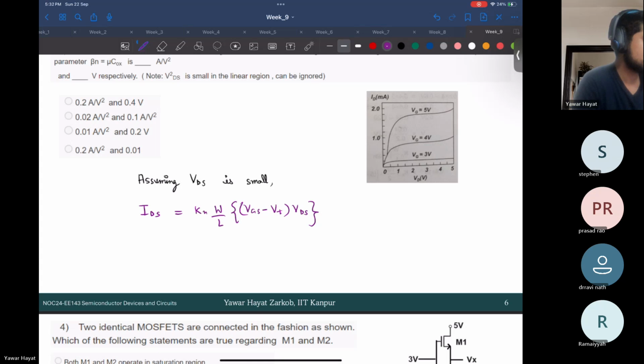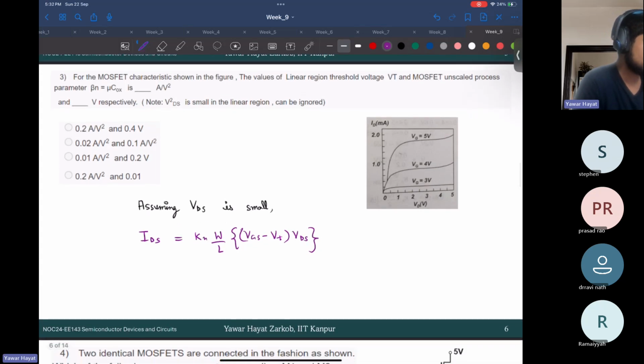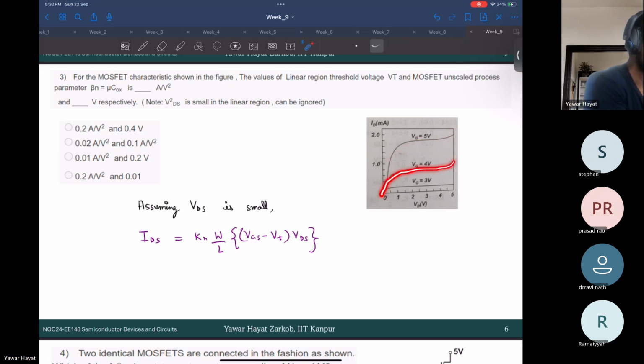Now, we need to find VT and this, whatever you call this, beta n or Kn. So for that, we'll write two equations from this plot, corresponding to VGS1 equal to 5, this, and this.